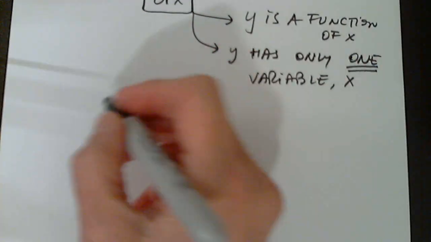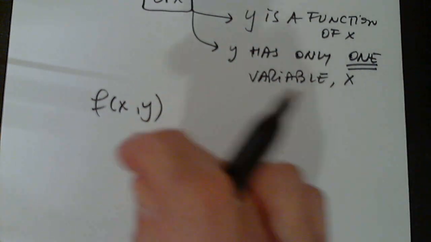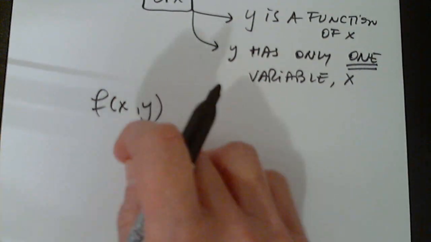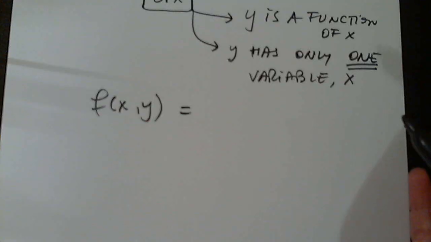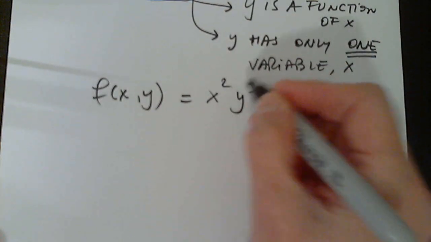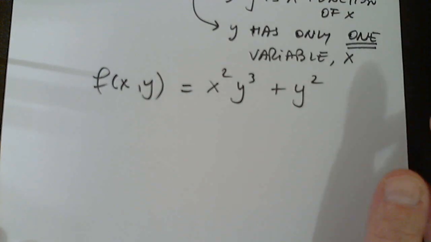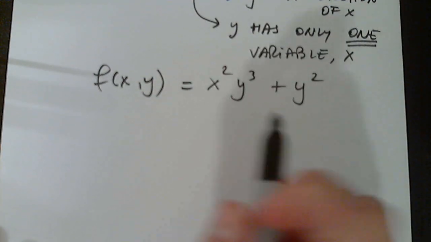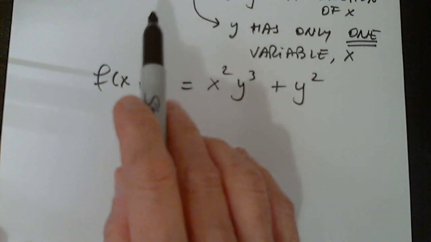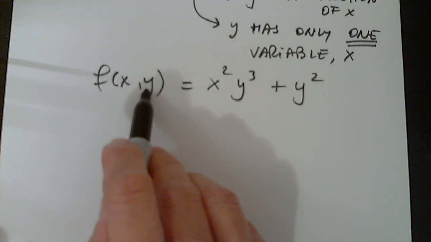Now, when we look at, for example, f of x comma y, this function has two variables. And I'm just going to make one function up, and then we look at examples we choose. So x squared y to the third plus y squared. That's an example. Well, we can never differentiate at the same time with respect to x and with respect to y.